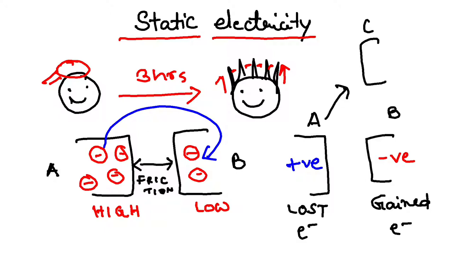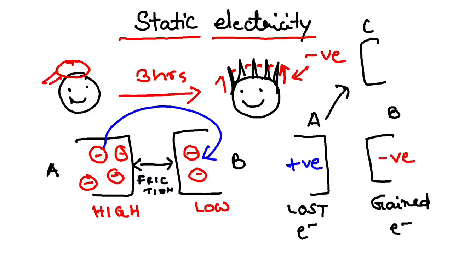Now, if you have understood this concept, what is happening to your hair after wearing the hat for 3 hours? What is happening is this. When you are wearing the hat for 3 hours, the electrons are getting transferred to your hair. The hairs are getting negatively charged. Very interesting. Your hairs are now negatively charged.